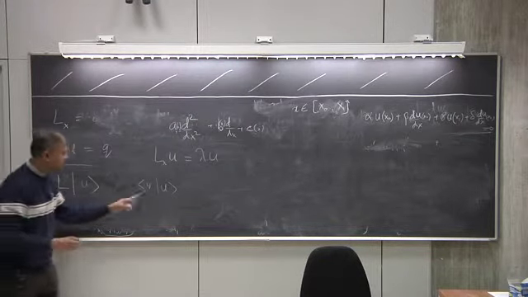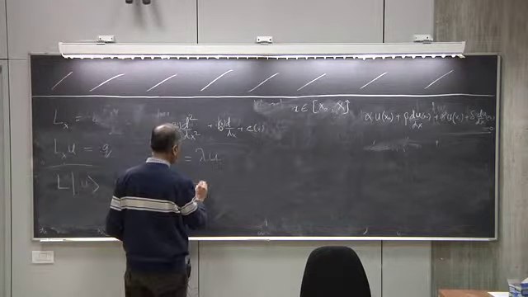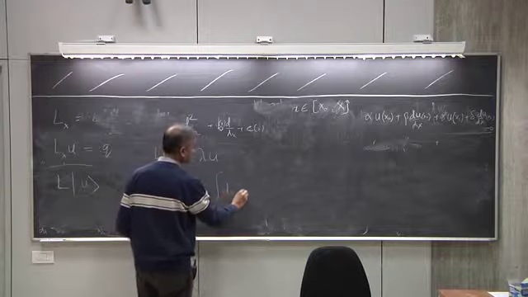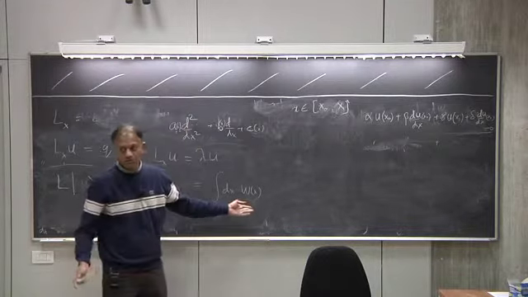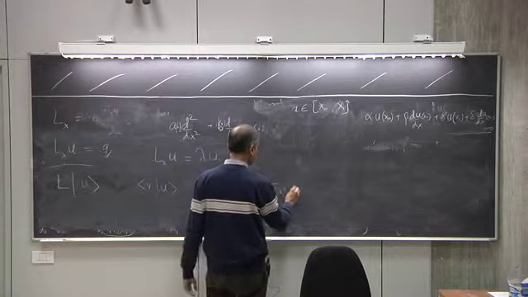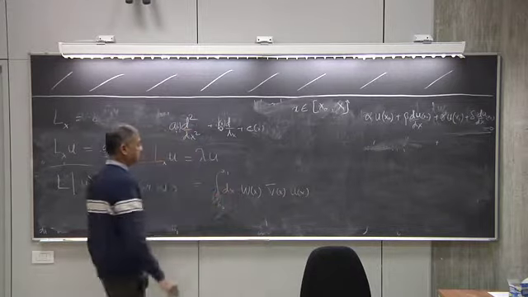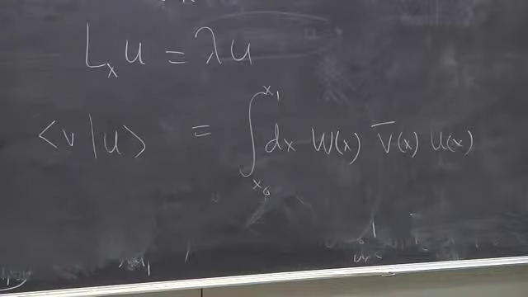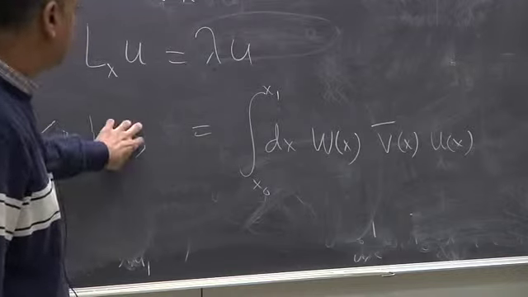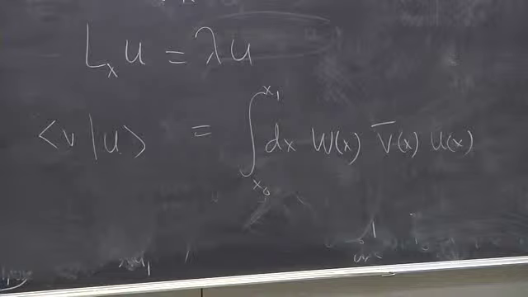For two vectors u and v, this will be given by the integral of dx, with some weight function, times v bar, the complex conjugate, times u of x, from x0 to x1. This inner product satisfies all the conditions of an inner product: linear in this vector, antilinear in the other vector.